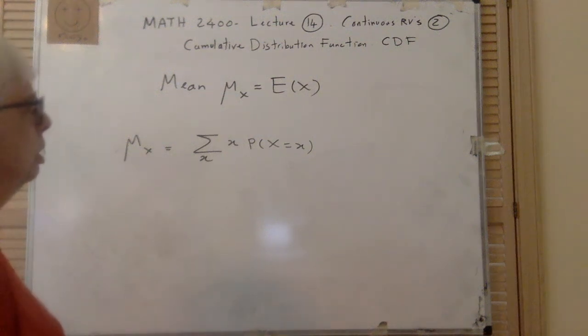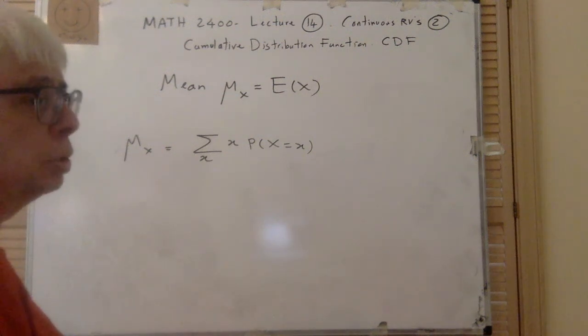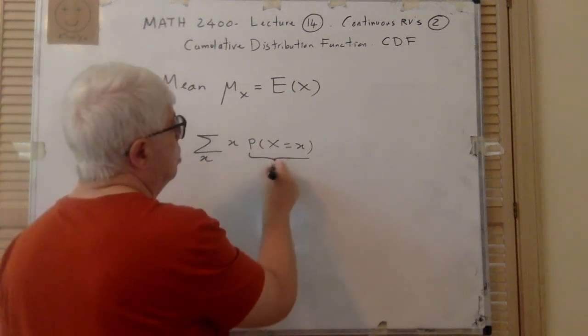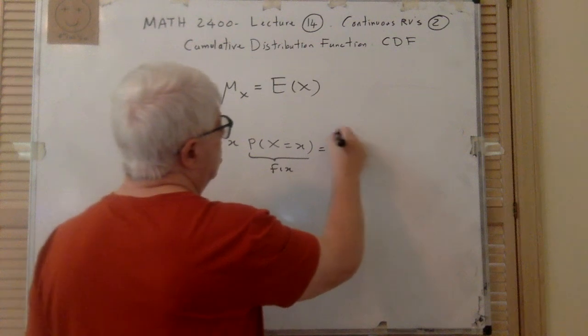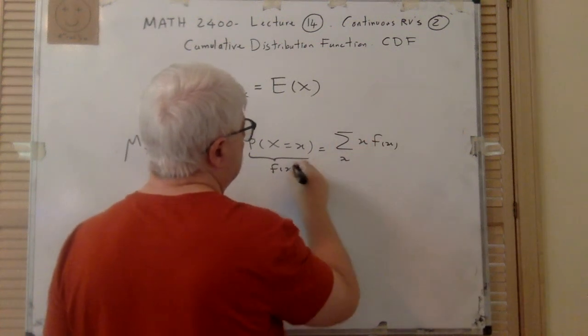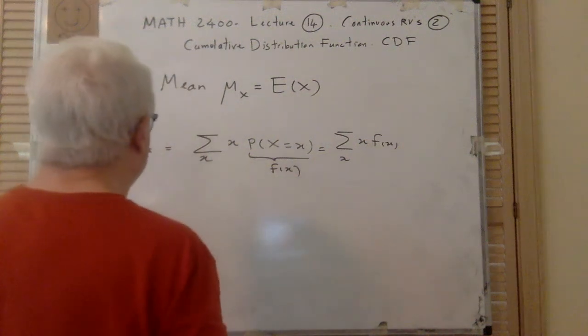This is in fact the PMF. So it was the sum over x of x f(x). Now this is for discrete. Well, what is it when it comes to continuous?